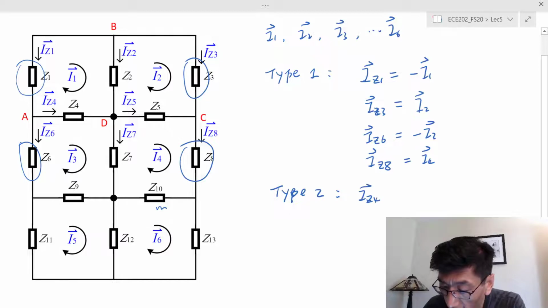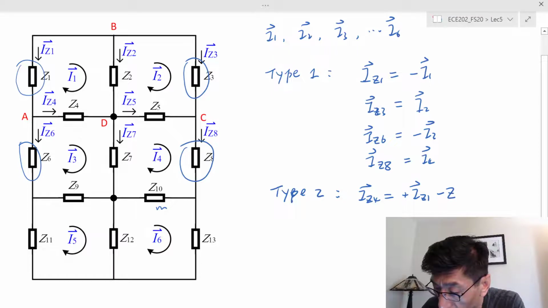Now I can write the KCL equation, right? The KCL equation for I sub Z4: the leaving current should be the sum of the entering currents. The entering currents are I sub Z1 plus the entering current from Z sub 6, that's a negative I sub Z6.